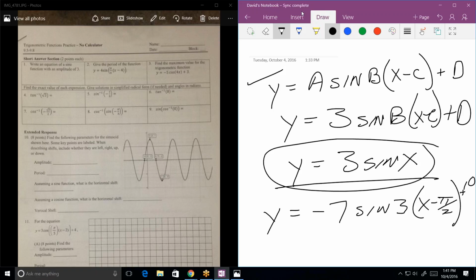Okay? There is a sinusoidal function that could describe most anything. Maybe, who knows what it describes. But it's got a negative sign. It's got 7 as the amplitude. It's got a b of 3. It's got a phase shift of pi over 2. And it has a vertical shift of 10 upwards.